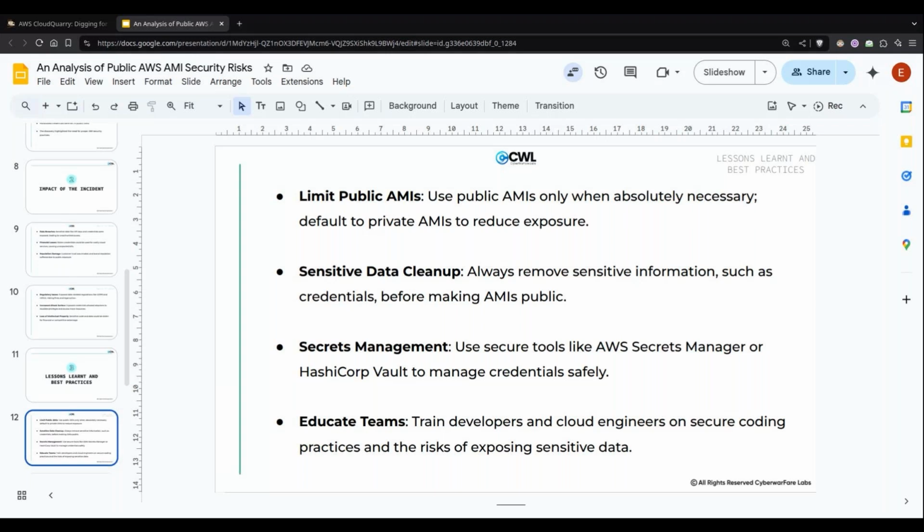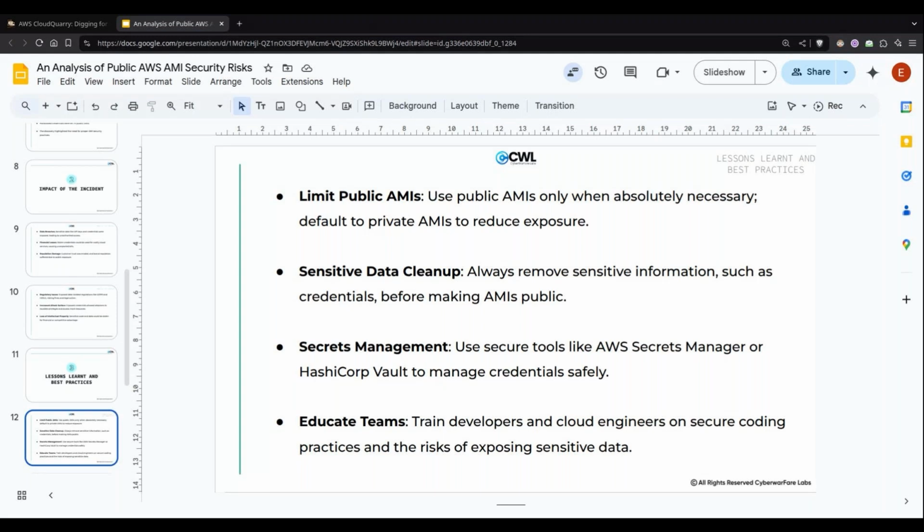If we have a situation where we have to make an AMI public, we have to make sure that all the credentials are cleaned, and the images do not have any sensitive or confidential information.